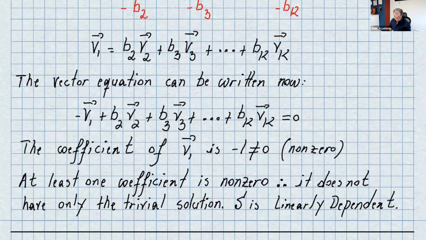Therefore, the vector equation will not have only the trivial solution. So at least one of the coefficients is non-zero. So therefore S is linearly dependent.